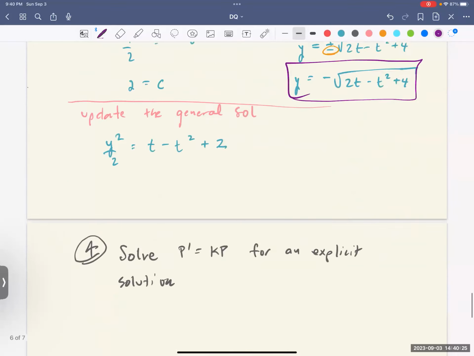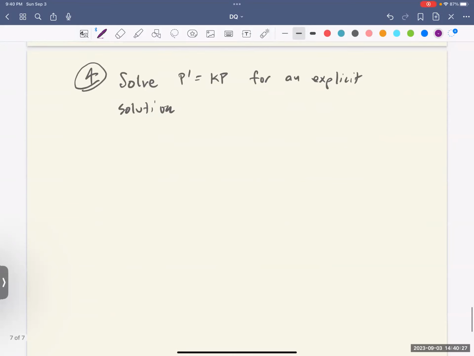Okay, last one, and this is our exponential growth problem. We have p prime equals kp, and here again, first order, let's write it as dp/dt equals kp. k is a constant, and p is the dependent variable, and let's use separability.